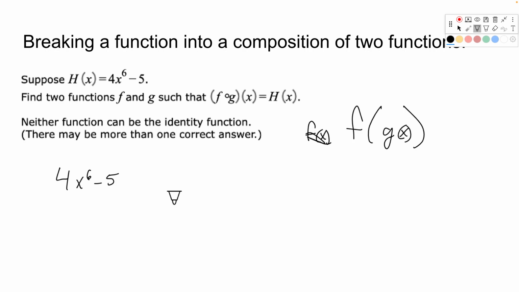If I've done enough composition problems, I'm trying to think backwards. Take x to the power 6 minus 5 as g of x, and take 4x as f of x.